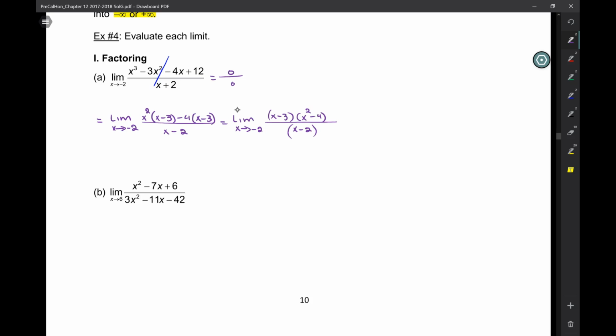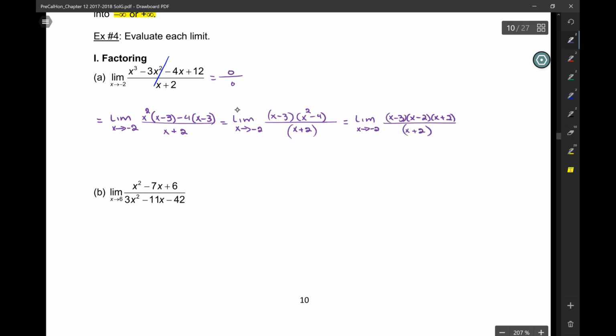That needs to stay until the very end when I actually plug in a number. Otherwise, points off, AP test, points off. Isn't that plus 2? Yes. So this is the limit as x approaches negative 2 of x minus 3, x minus 2, x plus 2, over x plus 2.